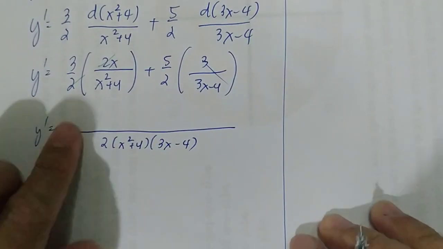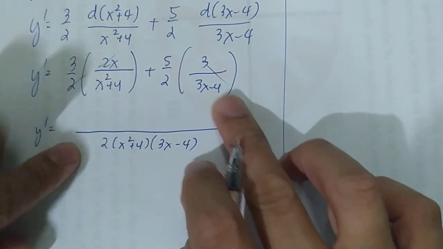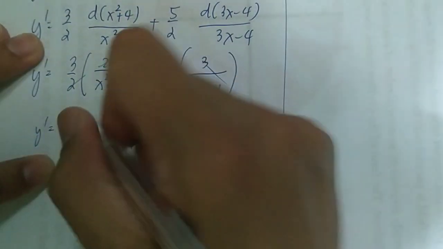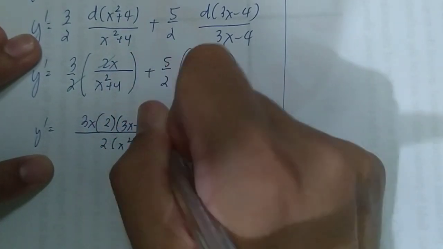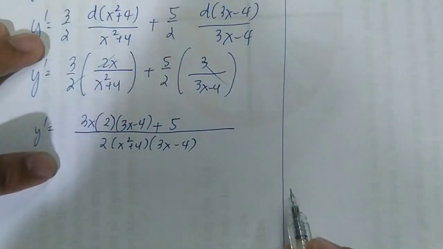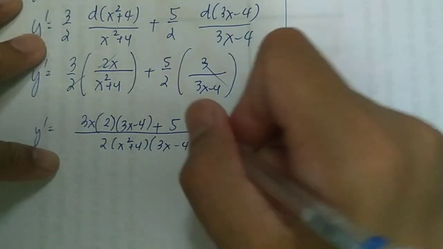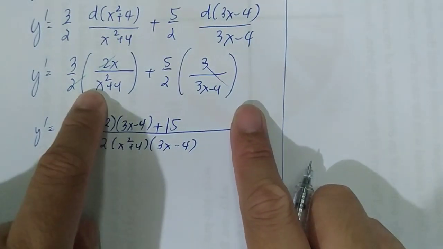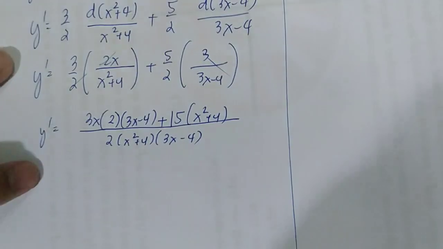That's your LCD. So, this divided by your LCD is 2 times 3x minus 4 multiplied by 3x. So, you have 3x times 2 times 3x minus 4 plus 5 times 3 is 15. And this LCD divided by 2 times 3x minus 4 is x squared plus 4. So, you just have to multiply that by x squared plus 4.